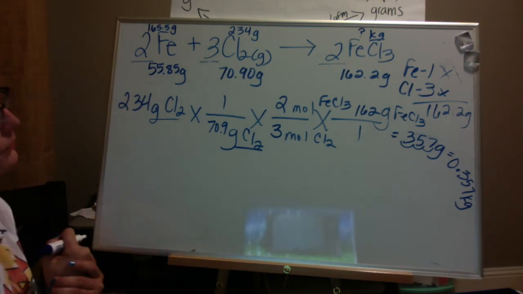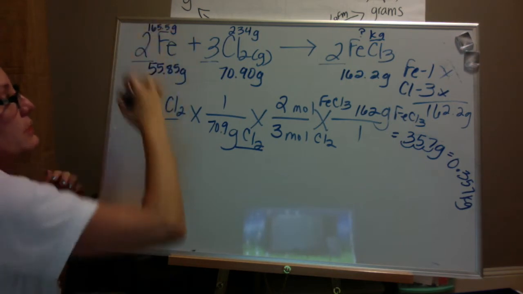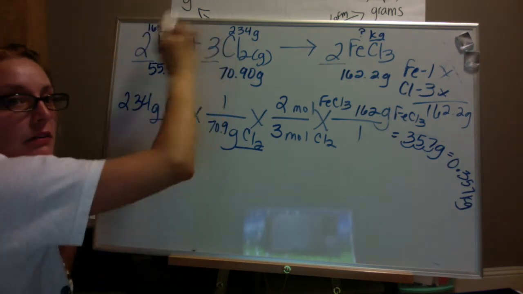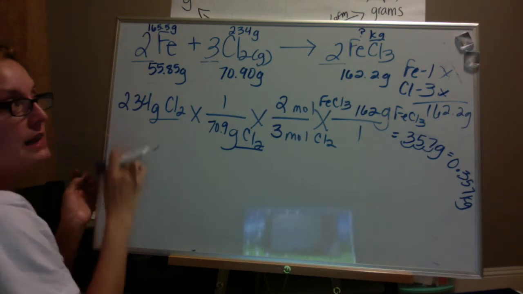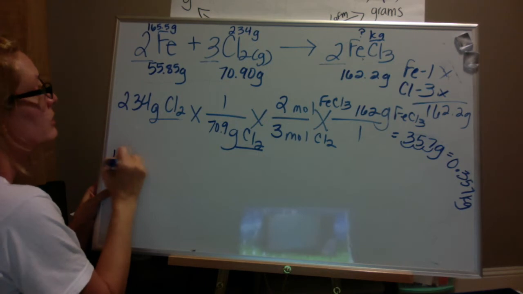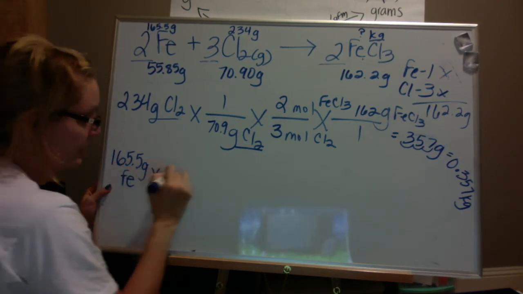But then now I need to go back and check this given amount. I just want to make sure. It gave me two given amounts. So I'm going to use this given amount. And I'm going to do the same mass problem to this unknown. So I'll start with 165.5 grams of Fe now.